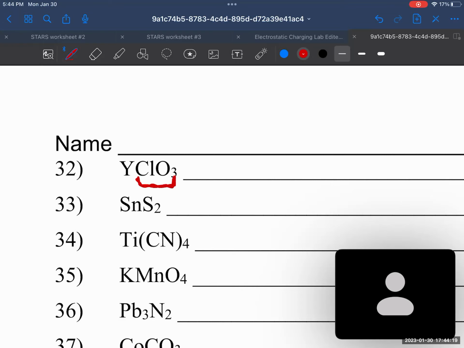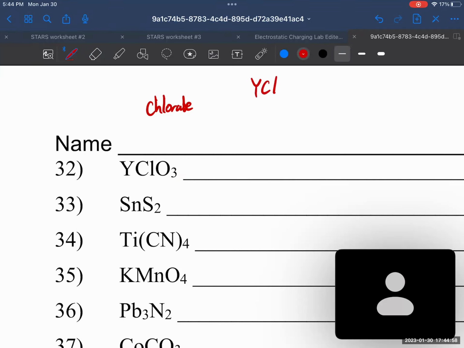That's a polyatomic ion. What is that one called? Remember, it's all part of the plan. What is this polyatomic ion called? ClO3. I wonder what it is called. Chlorate. It is indeed called chlorate. And then what about our yttrium? What charge does it have now? Because there's no parentheses around here.